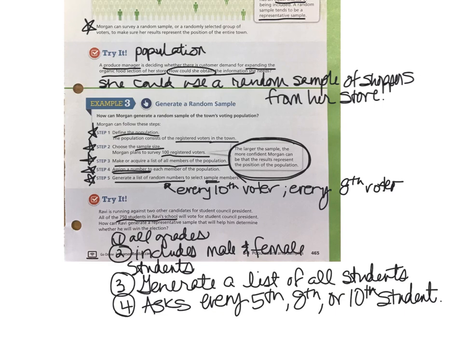Doing so would give Ravi a better idea of how the students will vote in the upcoming election. This method also ensures that Ravi will undoubtedly get students at all grade levels, male and female, and each ethnic demographic area.